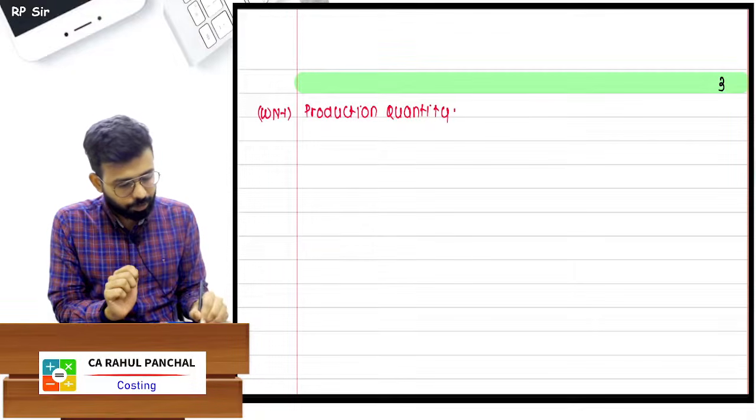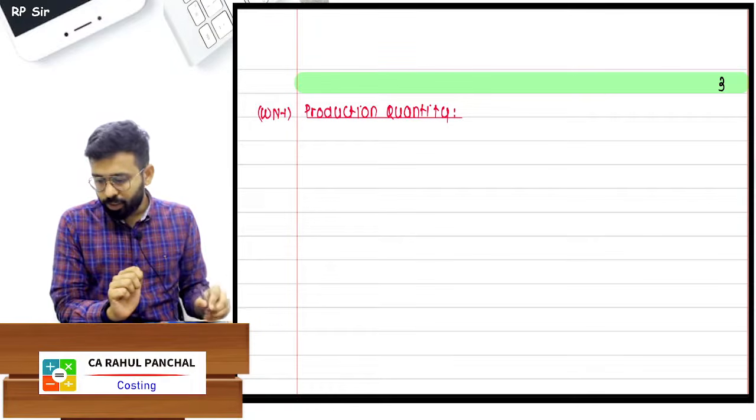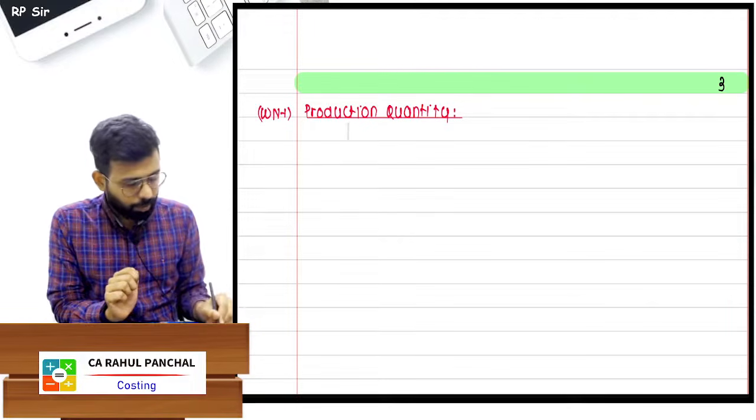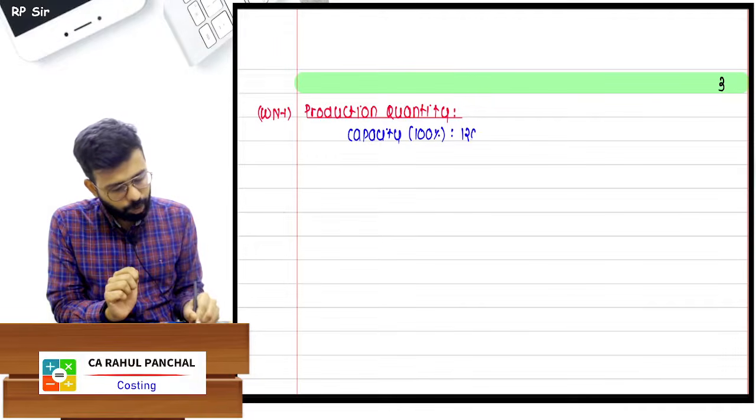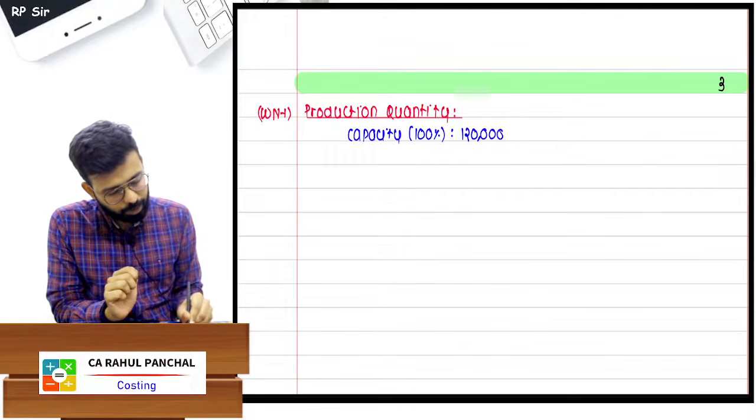Now, what was given in the question is capacity, 100%, and at that capacity you can produce 1,20,000 units per annum.